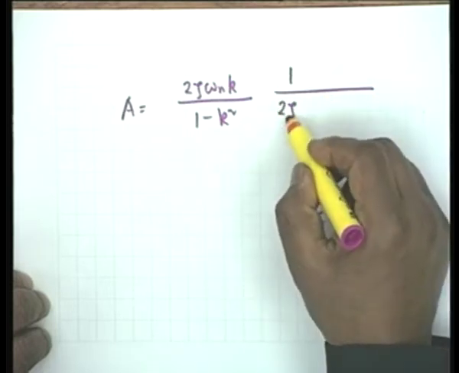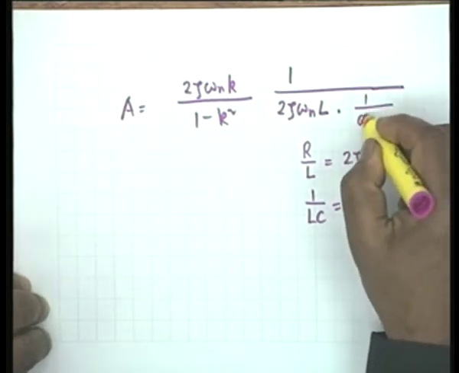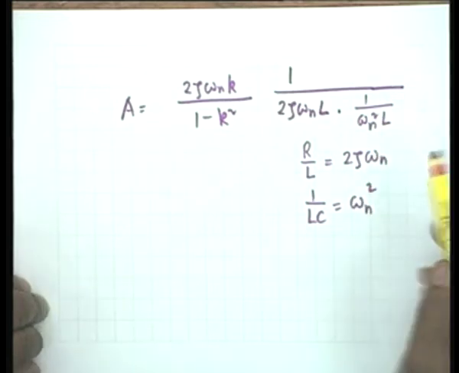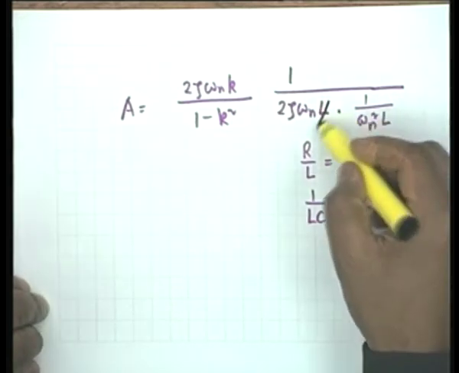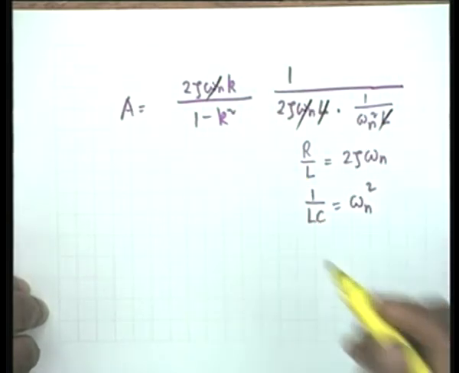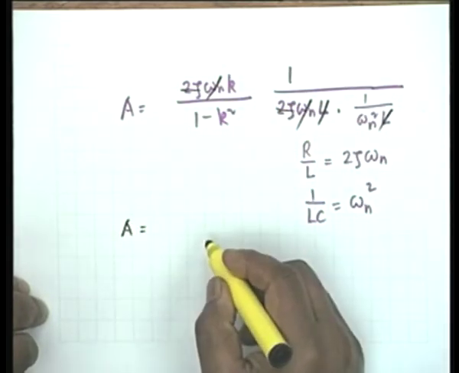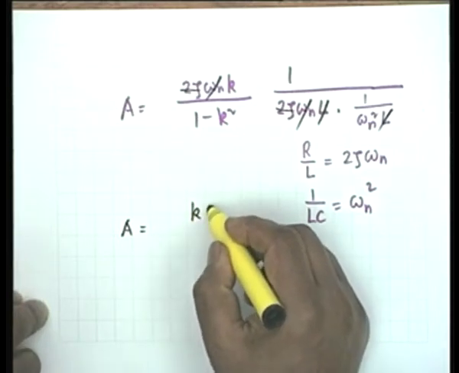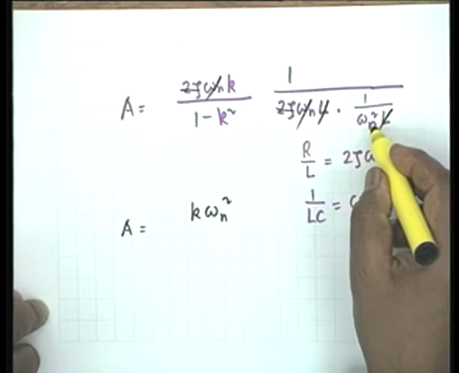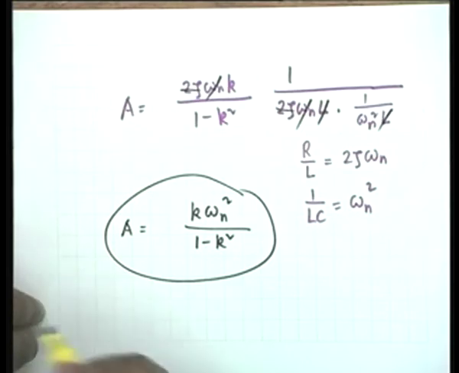R is twice zeta omega n times L, and C is 1 by omega n squared L. And you see jolly well that capital L and L cancel, omega n and omega n cancel, 2 zeta cancels with 2 zeta, and the expression becomes simplicity itself. It becomes k omega n squared divided by 1 minus k squared. This is the new value of A if the output is taken across the capacitor.